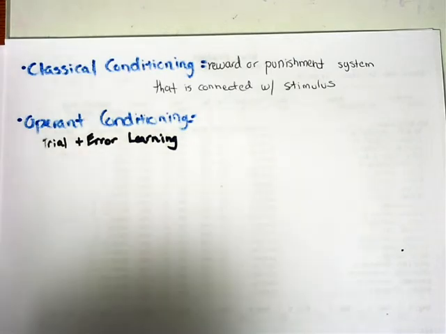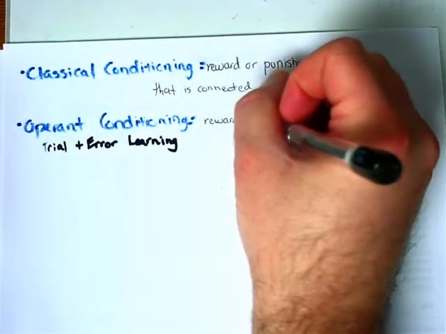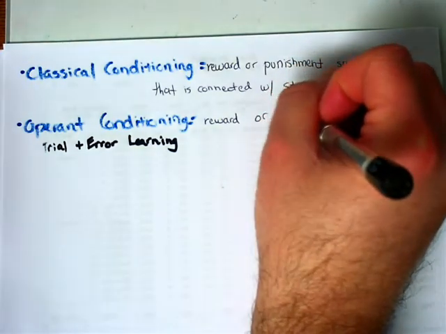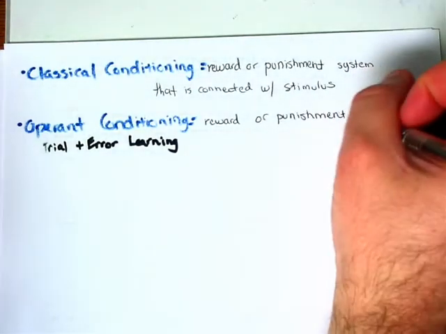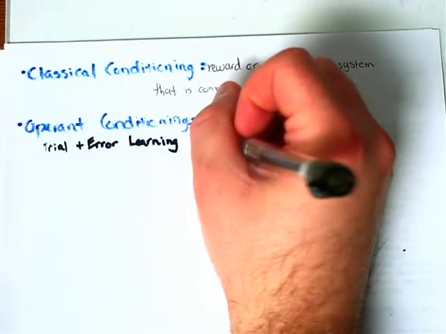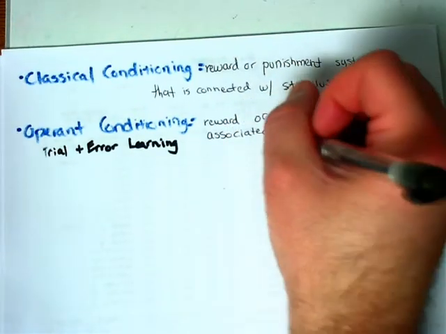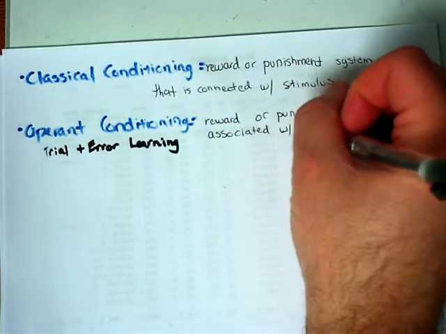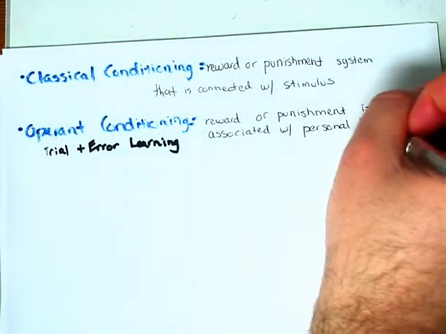In this case, a reward or punishment, like an event that happens to a creature, becomes associated not with an external stimulus, but with a personal behavior of some sort.